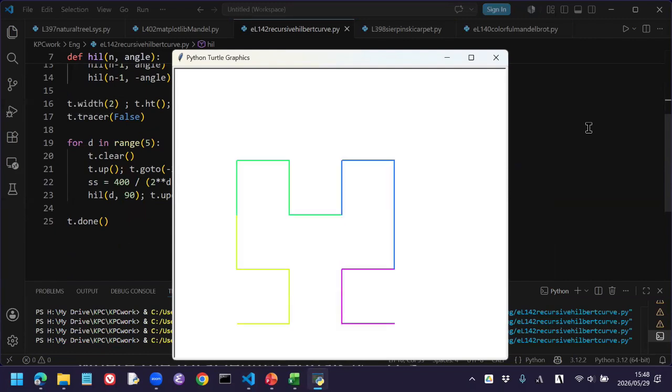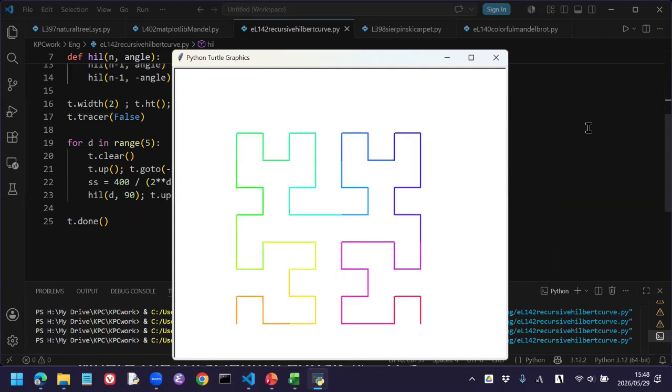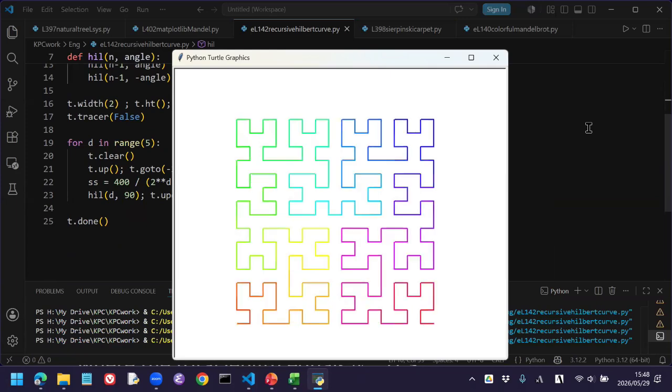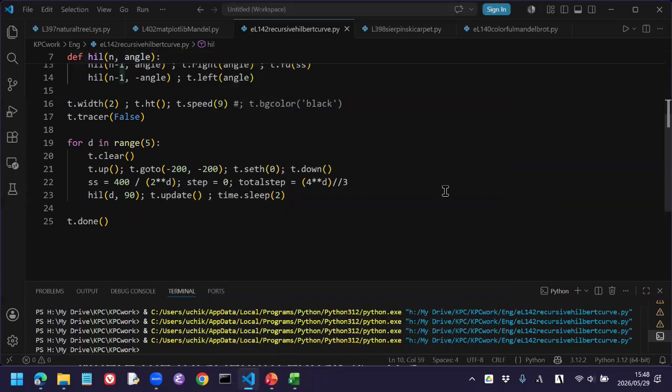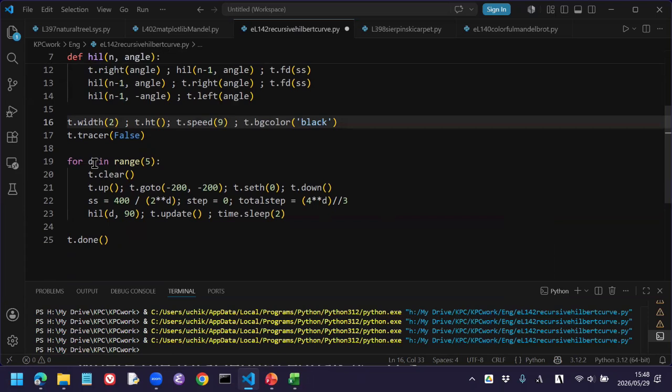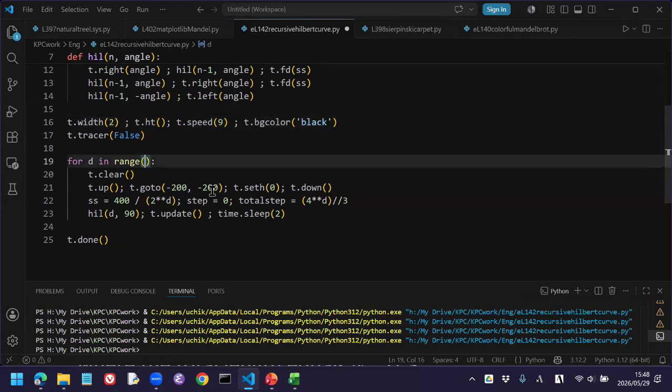Yeah, this is beautiful. So now we know we need background color black. We'll have background color black, and we go a little deeper, like 8.